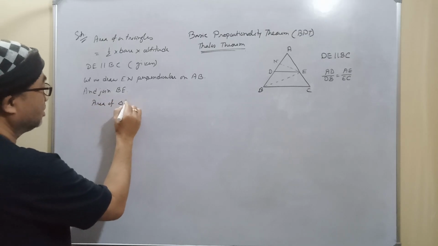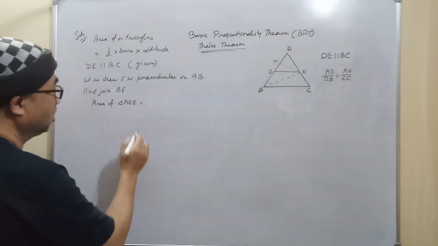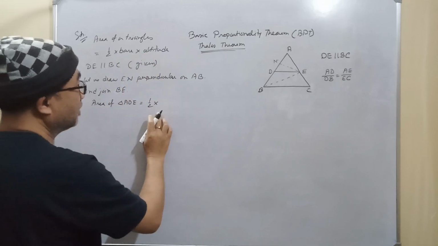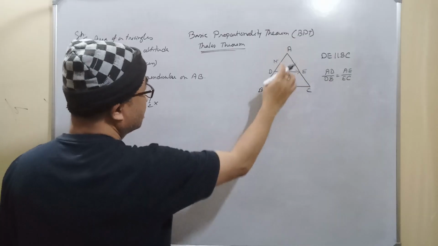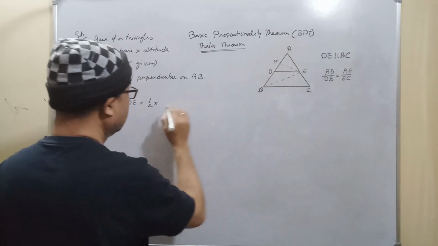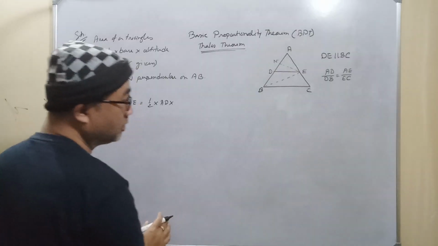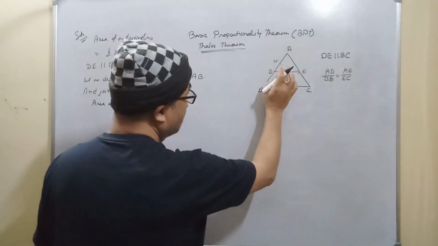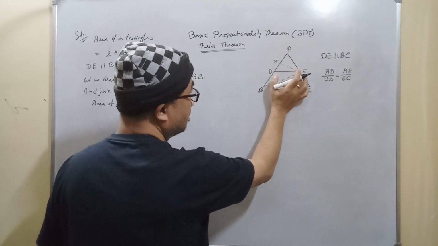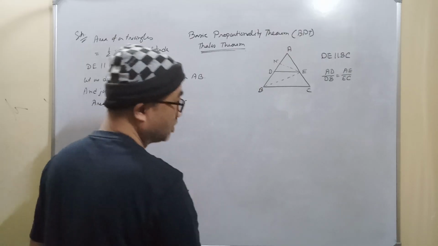Area of triangle ADE. What is the area of the triangle? Half of its base and altitude. What is the base of ADE? Any side can be taken as base. We take AD as base. And if we take AD as base, what will be the altitude? The perpendicular drawn to the base from the opposite vertex, E to EN. Right?